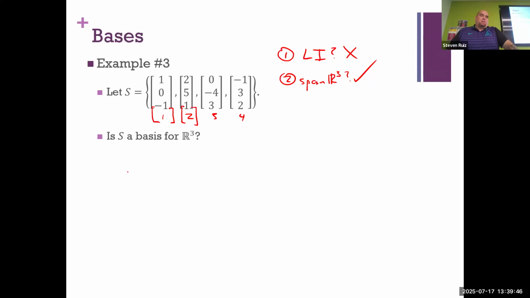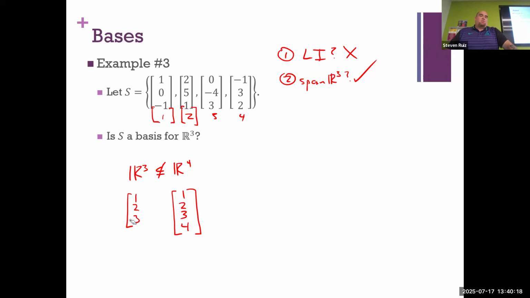One thing that's not true is, even though R3 is smaller than R4, R3 is not a subset of R4. So for example, 1, 2, 3 is a vector that lives in R3. 1, 2, 3, 4 is a vector that lives in R4. And even though they share a lot of things in common, these two things don't live in the same space.